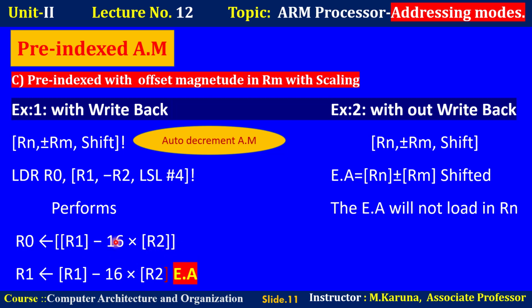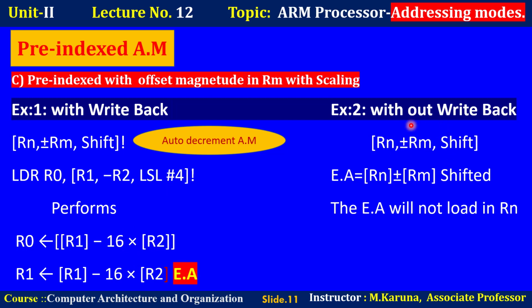Whatever data is present at that address will be transferred to R0. Now this effective address is written back into R1. R1 is modified according to the instruction to get the next element. So this is the write back operation.